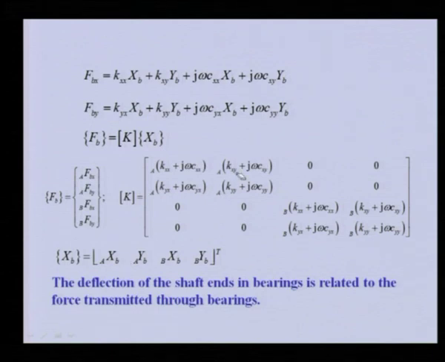This equation, which we have written in a compact form, has 4 by 1 size, 4 by 4 size, and 4 by 1 size. This equation relates the bearing displacement and the bearing force with the help of the bearing dynamic property, which contains the stiffness as well as the damping terms.